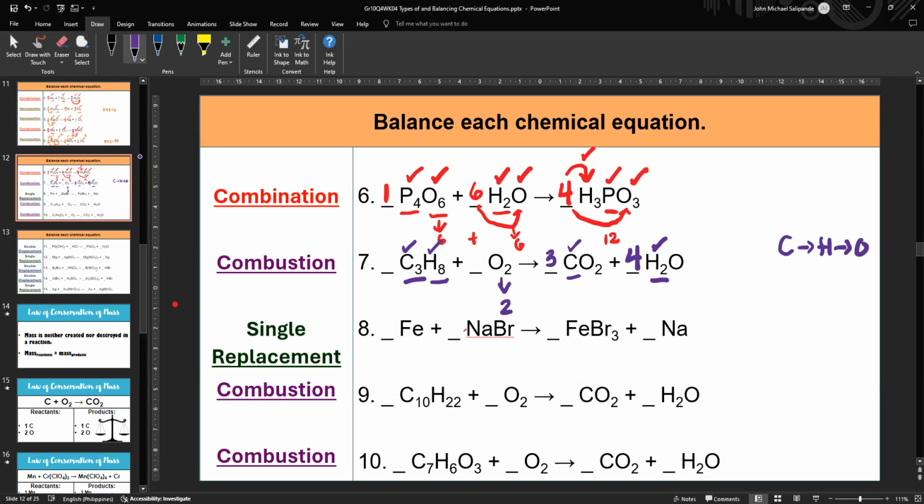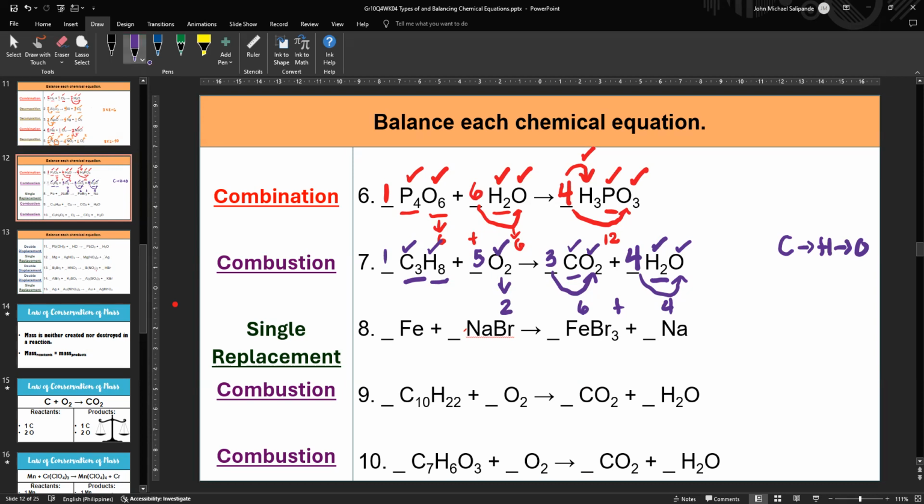And on the right side, you have 3 times 2 equals 6, plus 4 times 1 equals 4. So you have 6 plus 4 equals 10 oxygen atoms on the right side, and you only have 2 on the left side. So to make the left side contain 10 oxygen atoms, you have to multiply this one by 5. And with that, oxygen atoms are now balanced, and you leave C3H8 with a coefficient of 1.